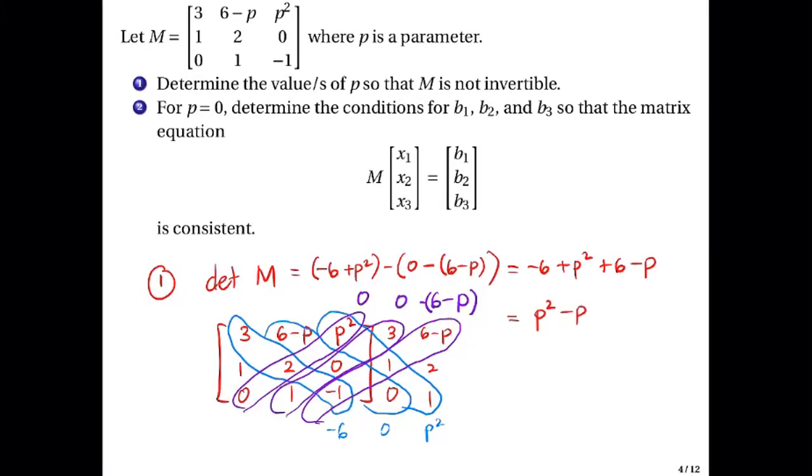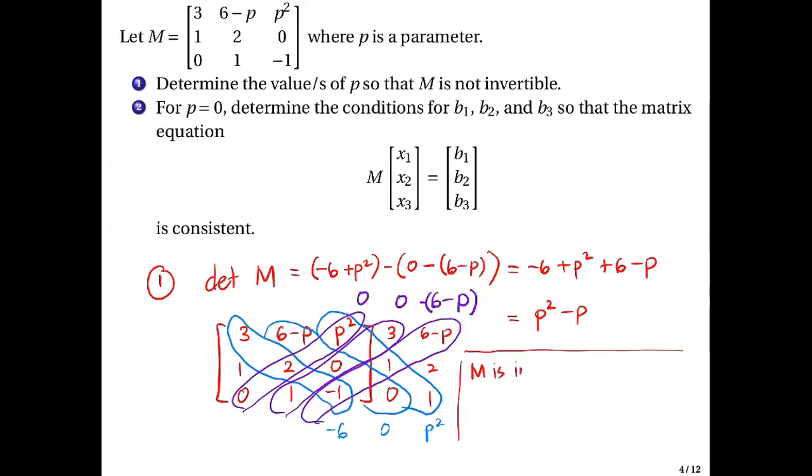Okay? So M is not invertible if the determinant of M, which is equal to P squared minus P, is equal to 0. Or we have P times P minus 1 equals 0.